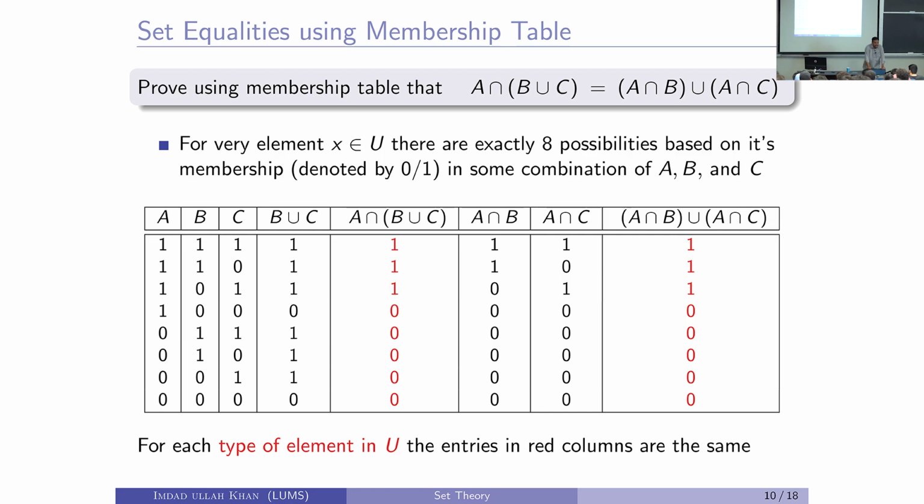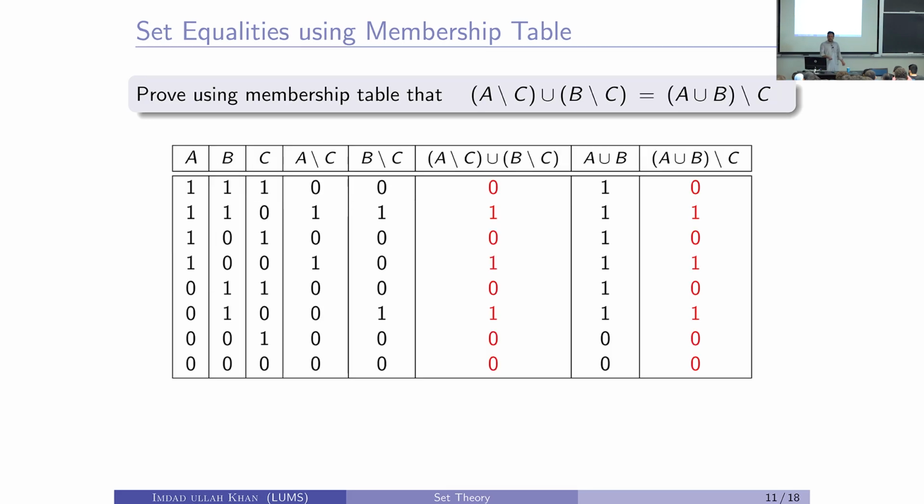For all x, depending on the universal set, I can't go to every single element, but I can cover all of them by arguing generally about each type of element.